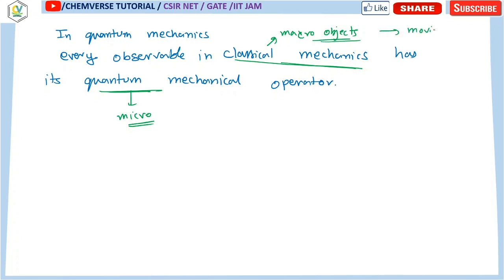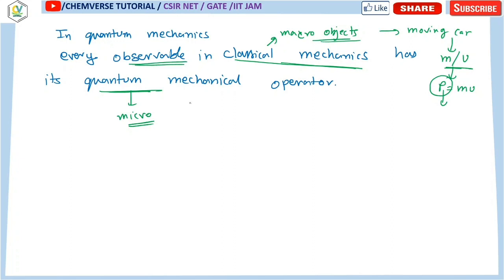That moving car has some mass and some velocity, so the car will have some momentum equal to mv. So this momentum is a classical mechanical observable.